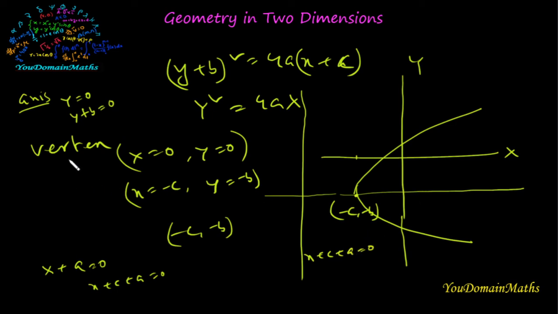And the focus of this parabola: capital X equal to a and capital Y equal to 0. So x plus c equal to a, that means x equal to a minus c, and y plus b equal to 0, that means y equal to minus b.